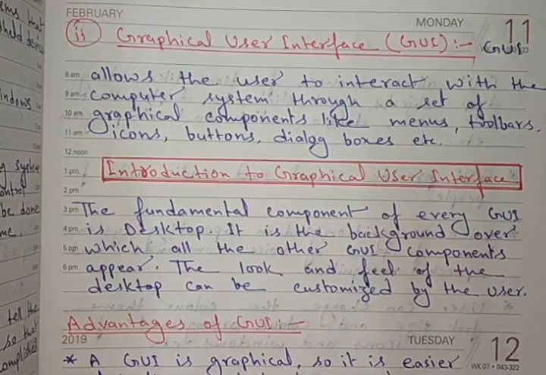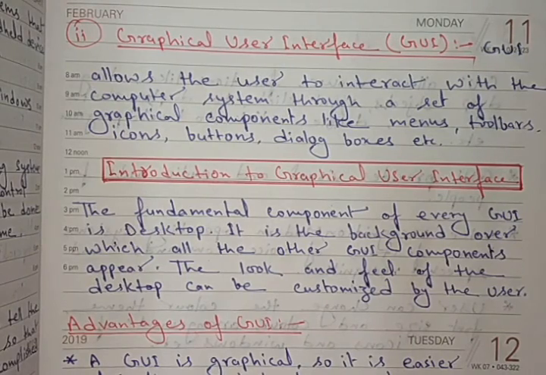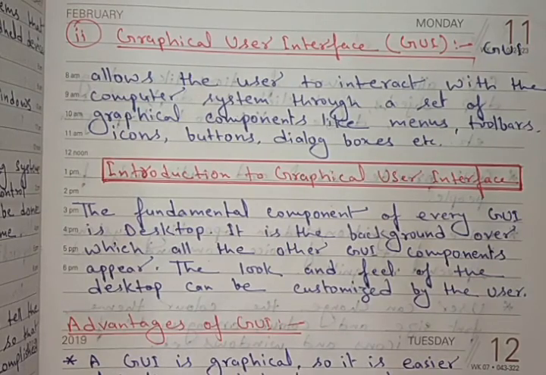The fundamental component of every graphical user interface is the desktop. It is the background over which all the other GUI components appear. Various operating systems have slightly different looking desktops, but their basic components and arrangement are similar. The look and feel of the desktop can be customized by the user.